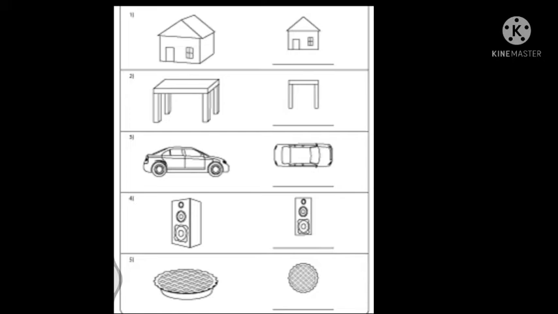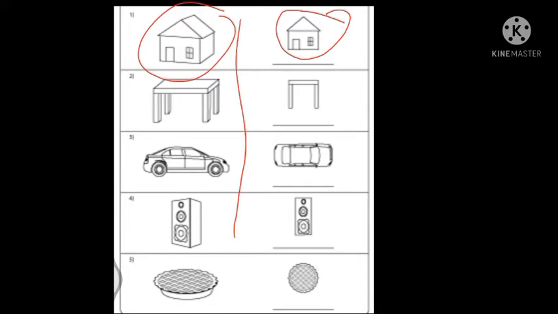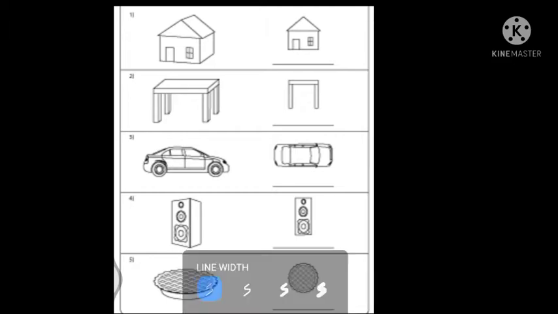If we are looking at these objects, from where if we look, it will look like this. So you have to identify the view of these given objects, which is the question here, right? Understood?